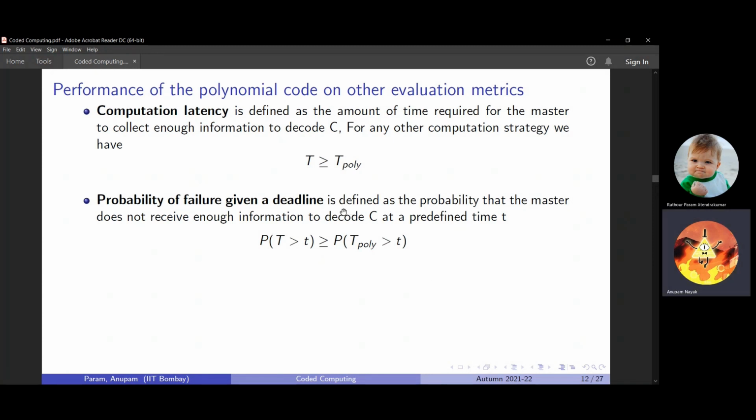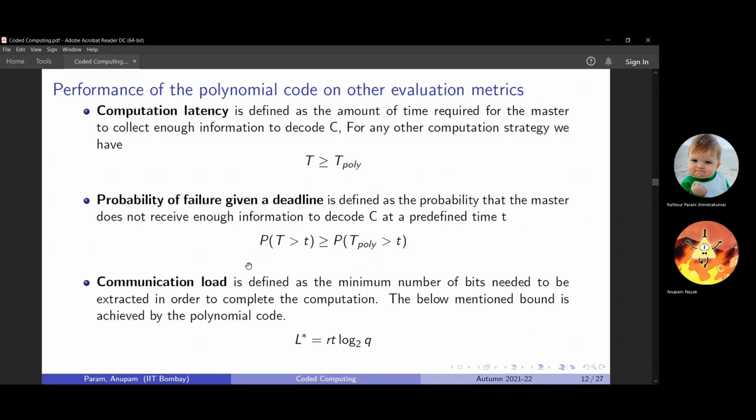Probability of failure given a deadline is defined as the probability that the master does not receive enough information, that is, fewer than the optimal threshold number of workers produce output at any given time t, which is predefined. The result here says that the probability of failure given a deadline is higher for any other computation strategy when compared to the probability of failure for our polynomial code.